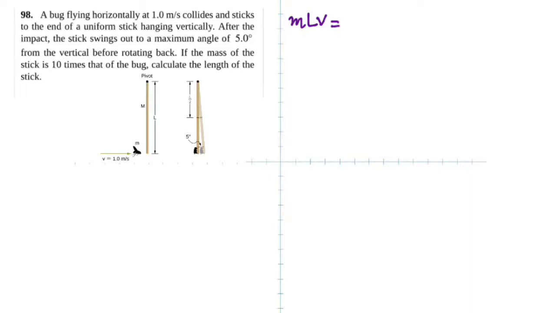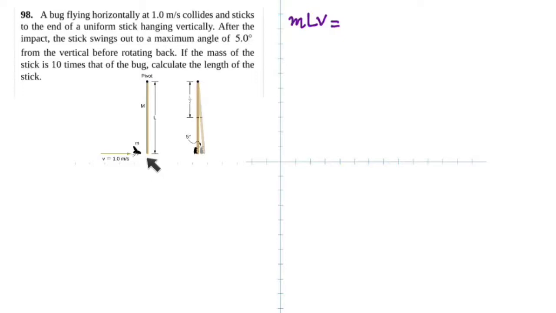So here we again apply conservation of angular momentum. And angular momentum is mass times linear velocity times the distance, which is the length here. So this is the initial angular momentum of the bug.